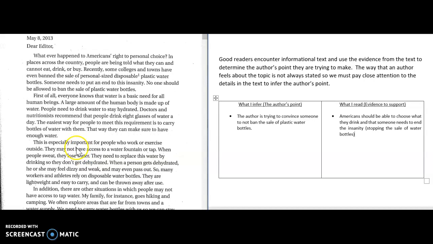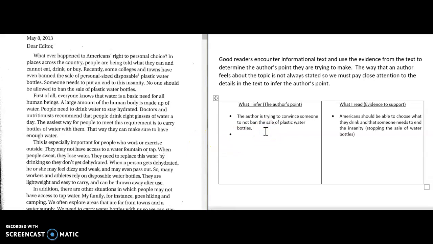Let's continue. First of all, everyone knows that water is a basic need for all human beings. A large amount of the human body is made up of water. People need to drink water to stay hydrated. Doctors and nutritionists recommend that people drink 8 glasses of water a day. The easiest way for people to meet this requirement is to carry bottles of water with them. That way they can make sure to have enough water.